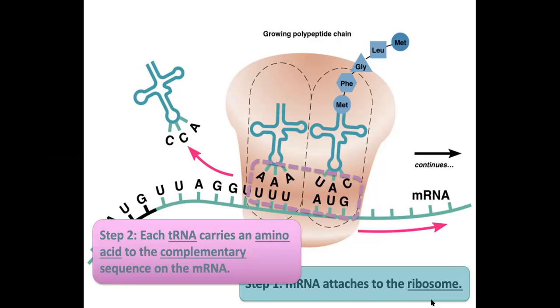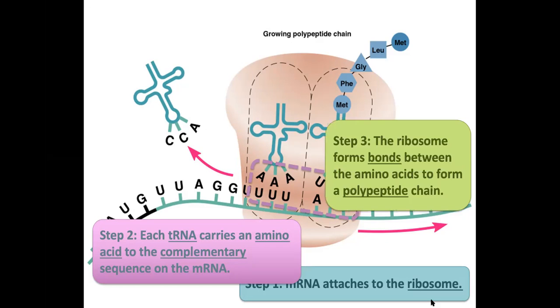So we're worried about the codon on mRNA and the amino acid that tRNA brings in. Everybody with me so far? Okay. Step 3. The ribosome forms bonds between the amino acids in order to start building that polypeptide chain, which is essentially our protein, okay? And then last, the tRNA will float away.